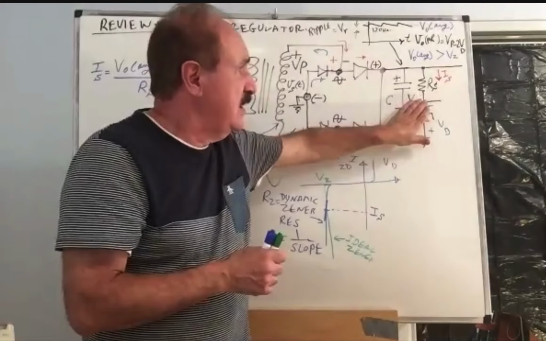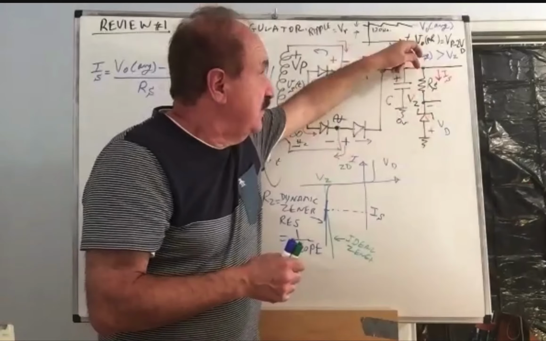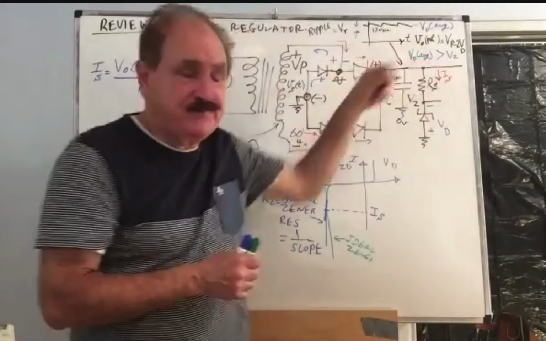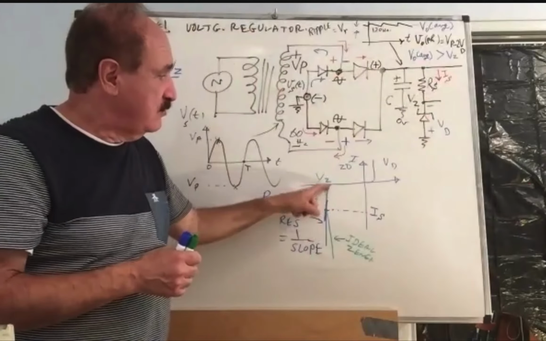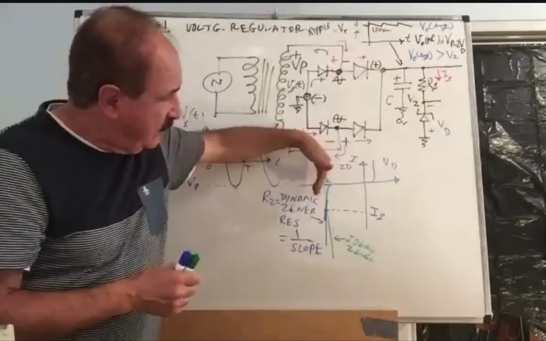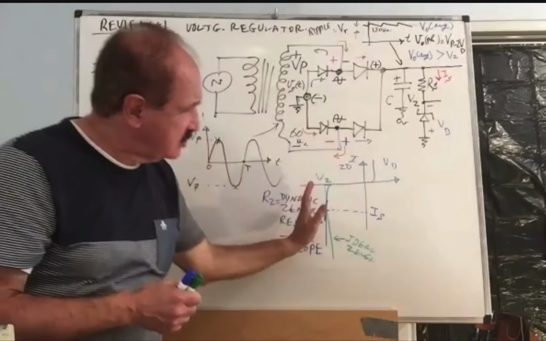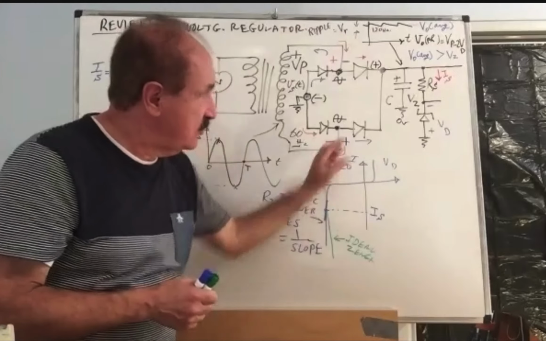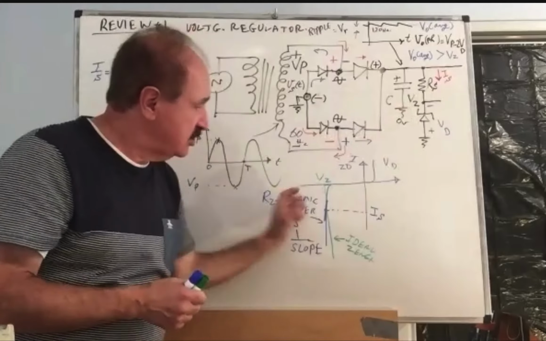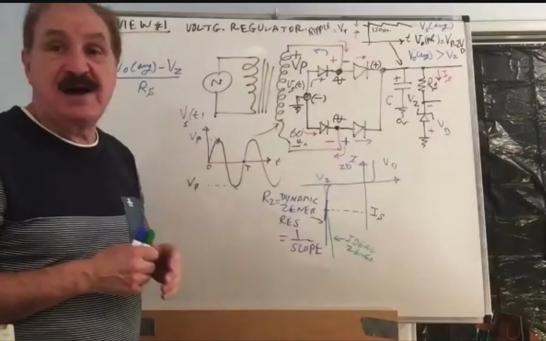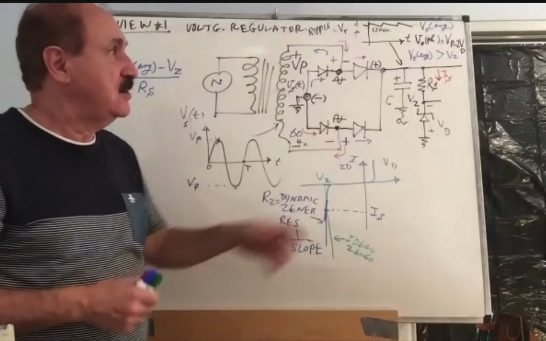So we get some kind of an effect that if the current changes in that resistor, current moves up and down. If you're going on that slope, you will notice that your voltage across that diode, that reverse voltage, should change by a small amount.